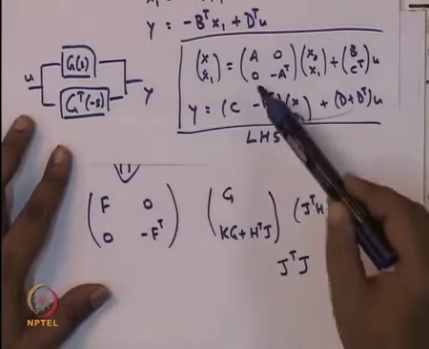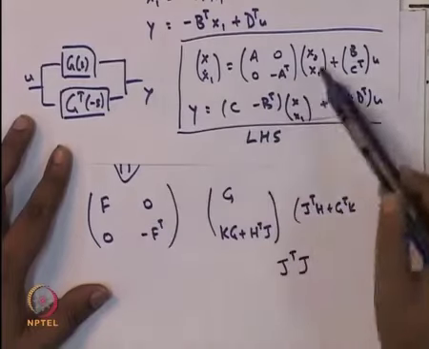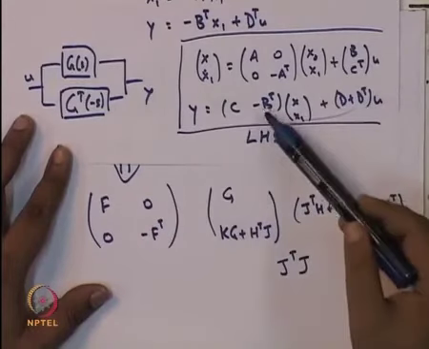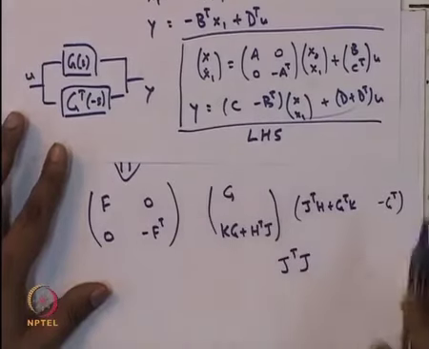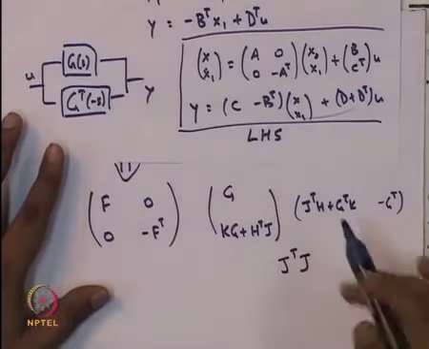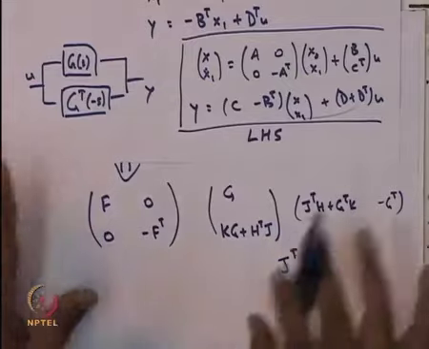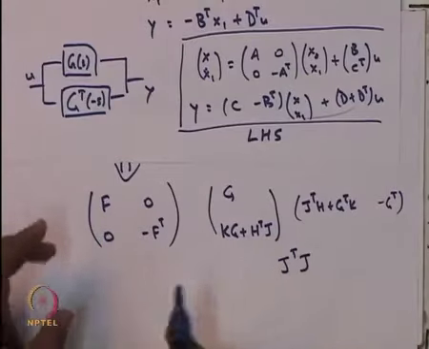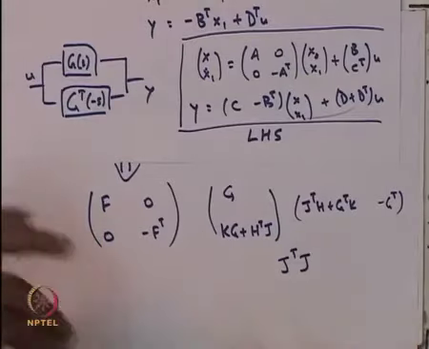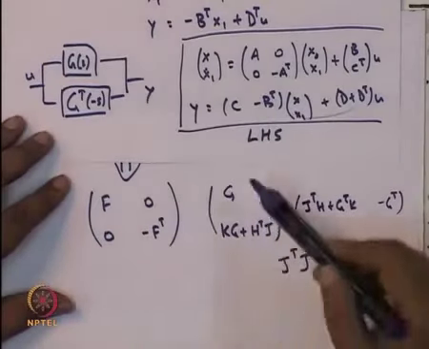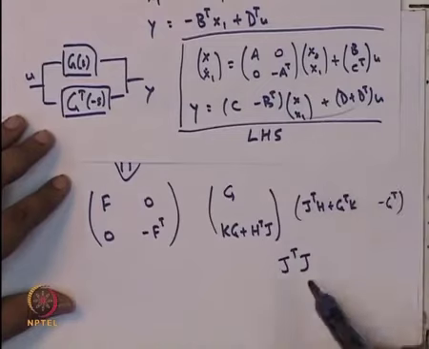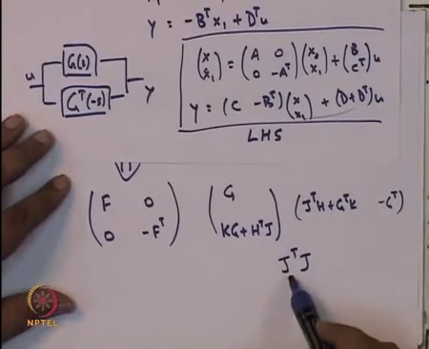There is a similarity transform which will take this matrix to here, this matrix to here, this matrix to here, and this matrix to here. Okay. I am not going to go into the details of how to construct the similarity transform, but I would just say that this similarity transform that you use, you can show that it is a block diagonal matrix and so on.